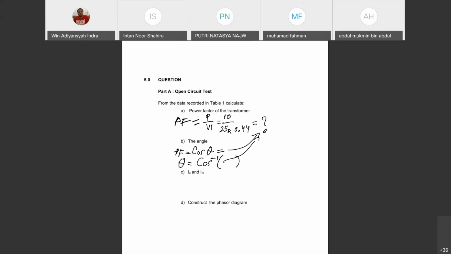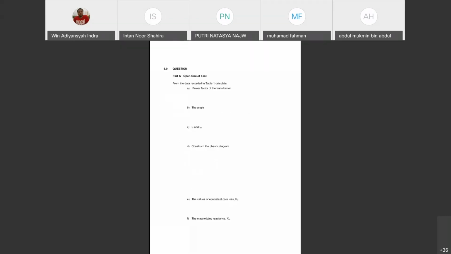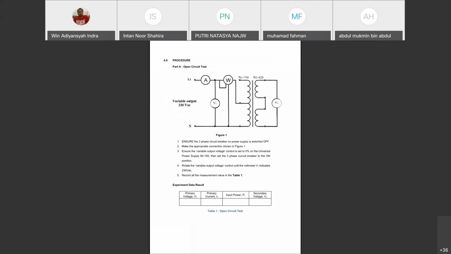Now IC and IM. C stands for coil loss, M is magnetized loss. It's in the slide. Let me show you.